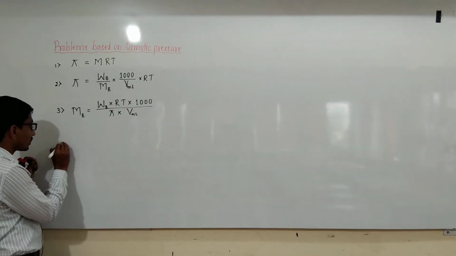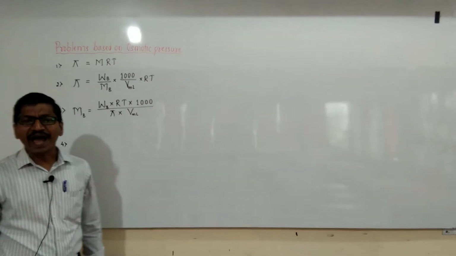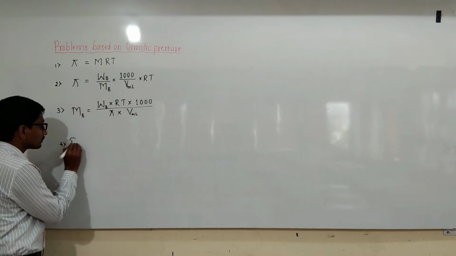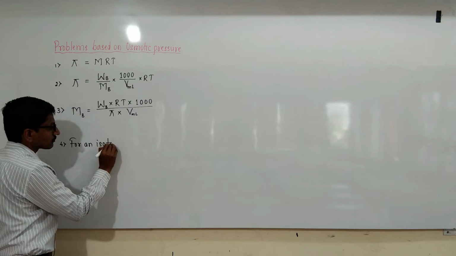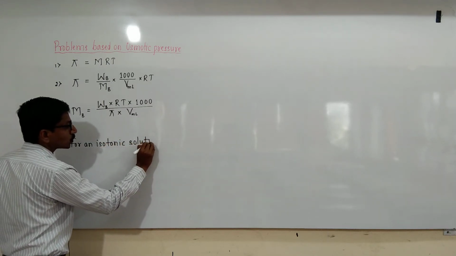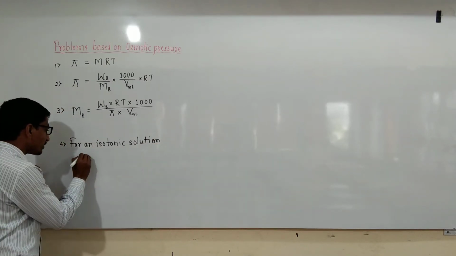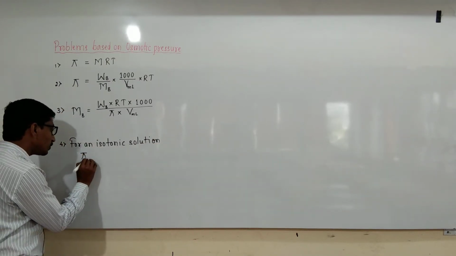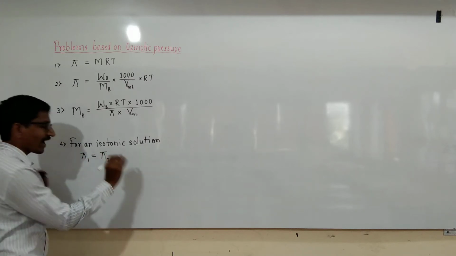And the next formula is for an isotonic solution. For an isotonic solution, the osmotic pressure of one solution is equal to another solution.